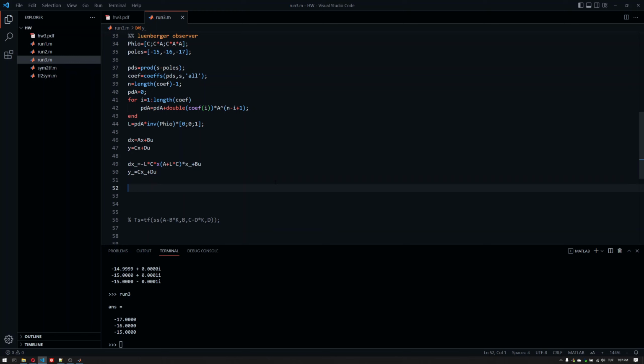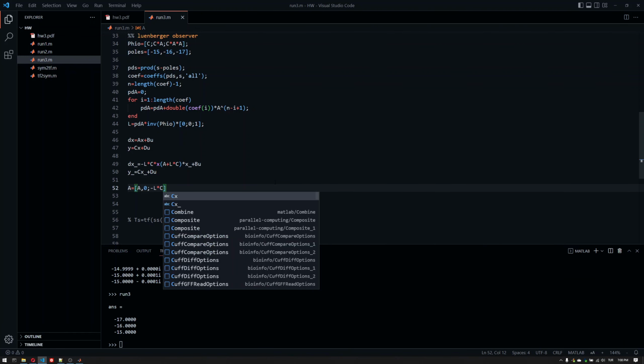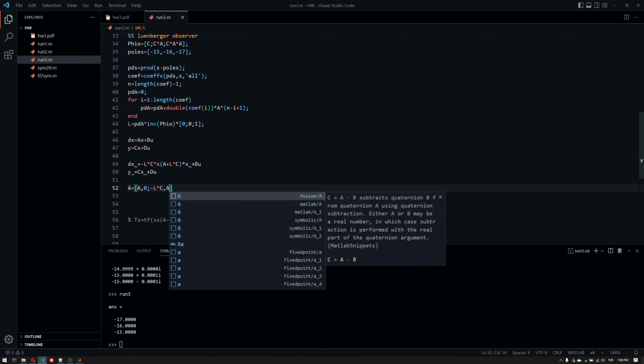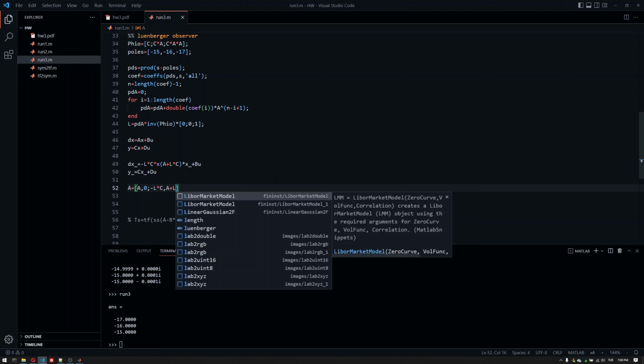So if we define an x, x underscore state vector, we would end up with an A matrix like A, 0, and then 0. Actually A, 0, and then minus LC, and then A plus LC, I guess.